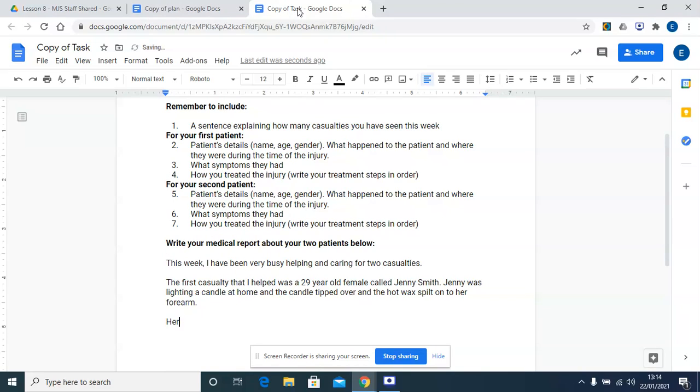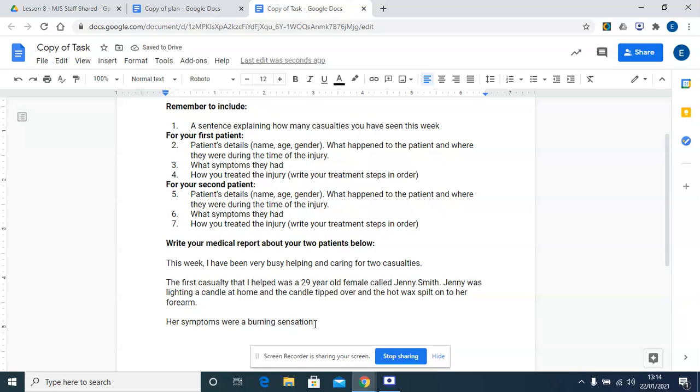So I can write: her symptoms were a burning sensation. It's going to be "were" because I'm going to list more than one thing.